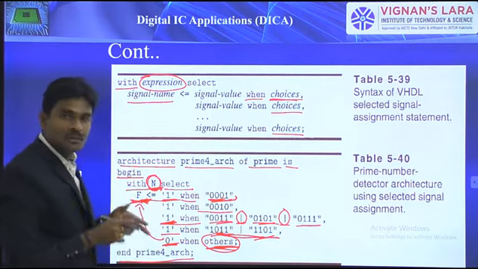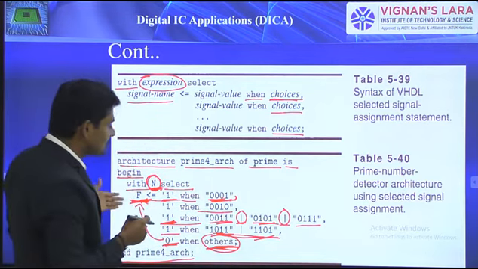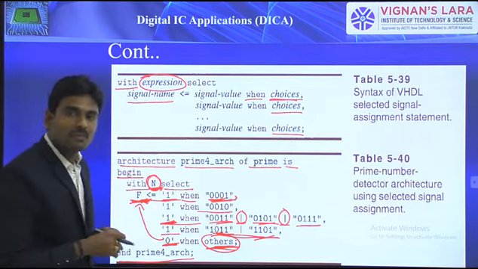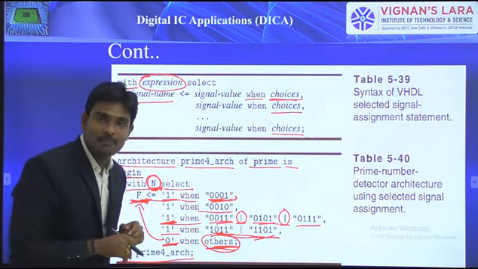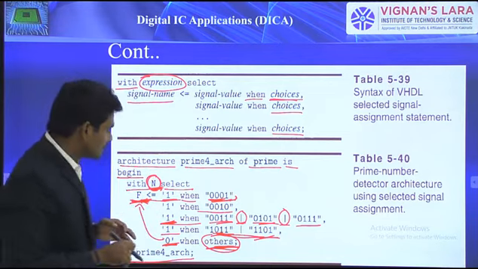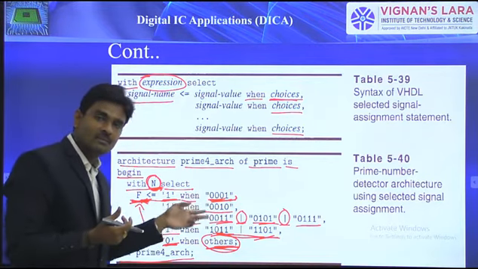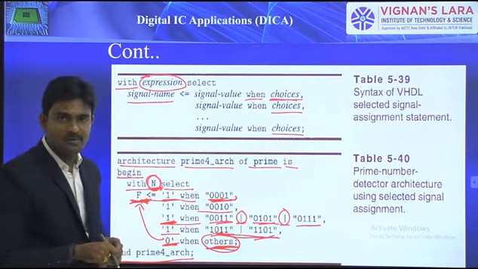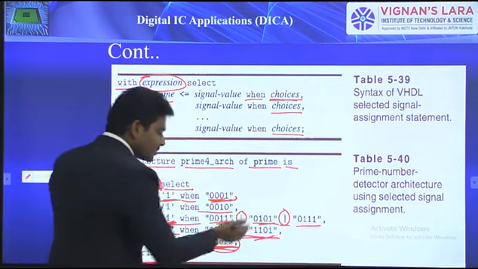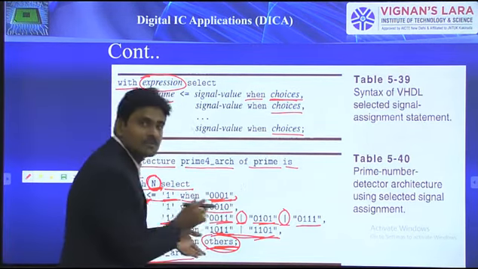By writing those 2 statements you can describe the data flow description style for this prime number detector. In any manner you can write it, even using just 2 statements. For better understanding, I divided this one.